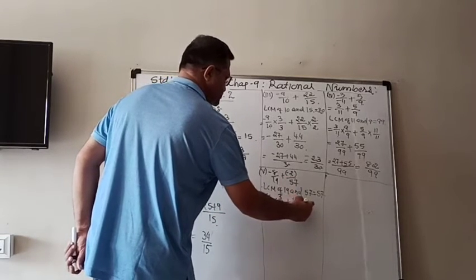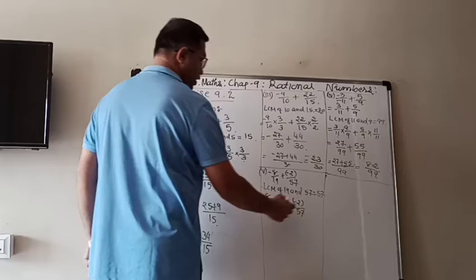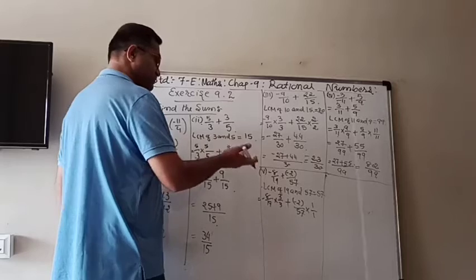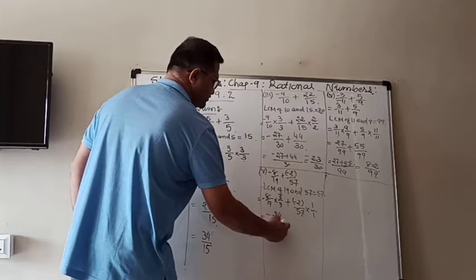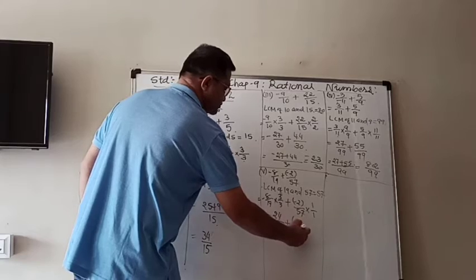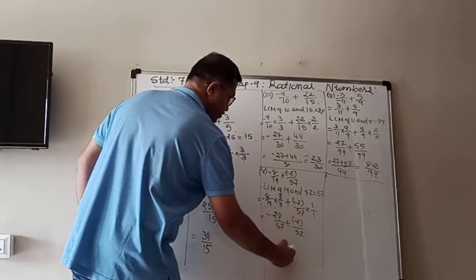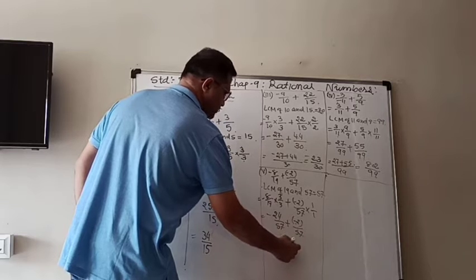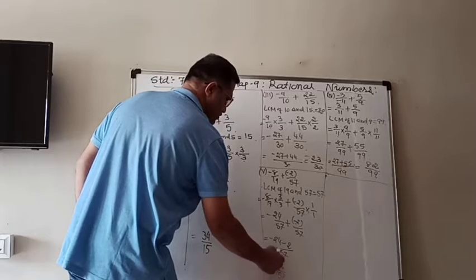The second already has 57, so you can keep it as it is, or multiply by 1 upon 1 if you want to. 8 3s are 24, so minus 24 upon 57 plus minus 2 upon 57. Keeping the same denominator, minus 24 plus minus 2, that is minus 26 upon 57.